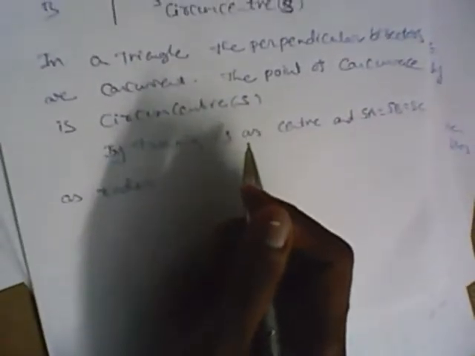By taking S as center and SA equals SB equals SC as radius. Here SA, SB and SC are obviously equal.